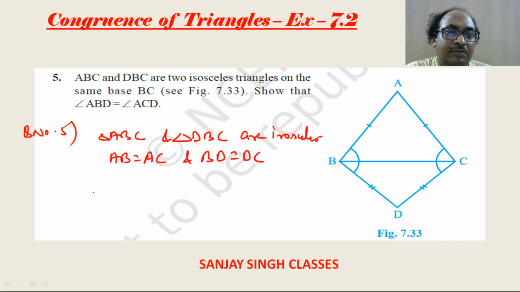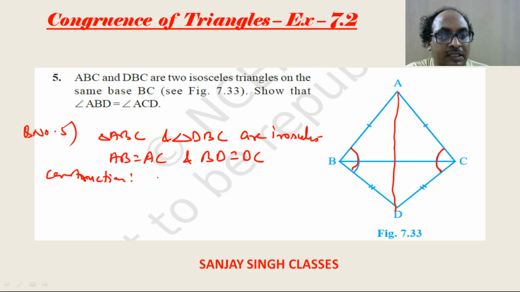So we need to prove that angle ABD is equal to angle ACD, this angle is equal to this angle. In order to prove that, let us join A and D. So construction.